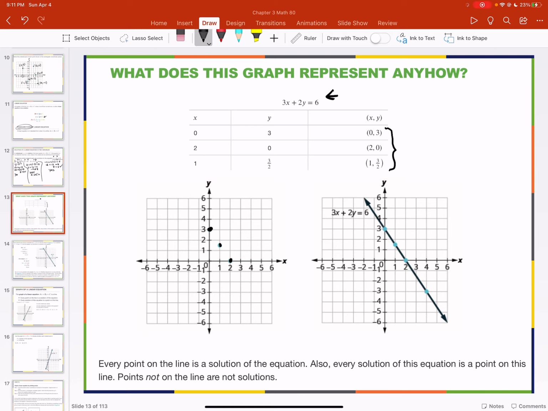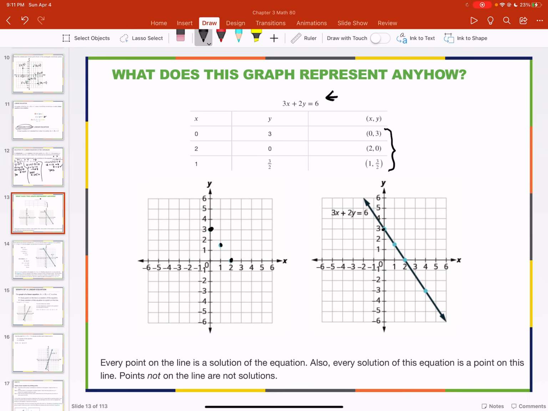So you can think of the equation as describing a set of points, an infinite amount of points, because see here, these are just 3 of the solutions. There's this one and this one. There are so many possible solutions, right? Infinitely many, actually, because you could have the point 0.00000021 comma, and then whatever the y value is for that.